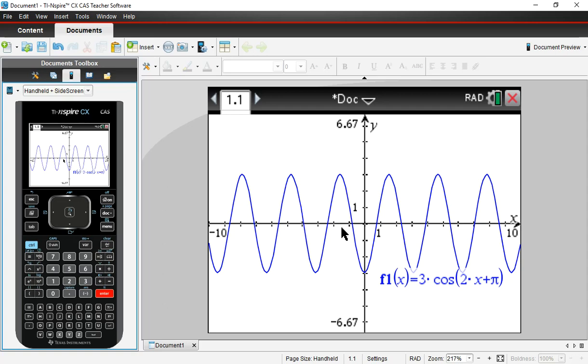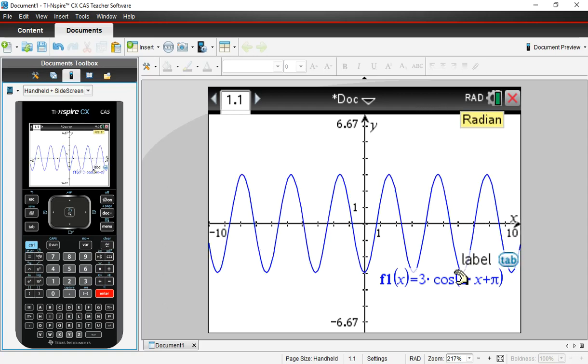It's right around there. And then you end one complete period at positive 1.57-ish, which is between 1 and 2. So it's about right there. So that's what we've drawn, just between there and there. And then if you continued that to the right and to the left forever, you'd have your graph.